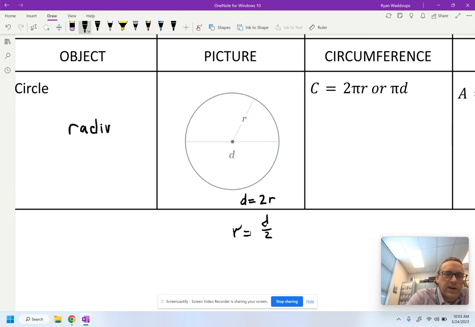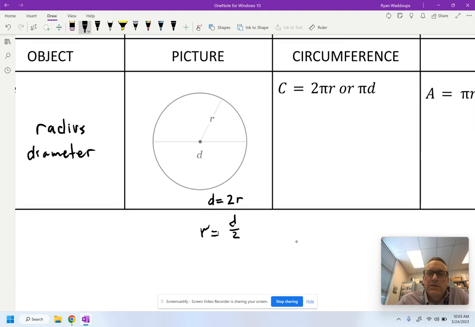And we spell those like this, radius and diameter. So the circumference is equal to 2 times pi times the radius, or pi times the diameter.